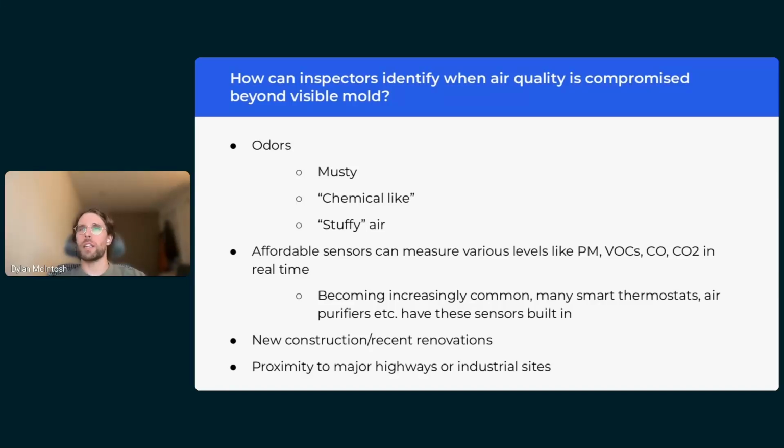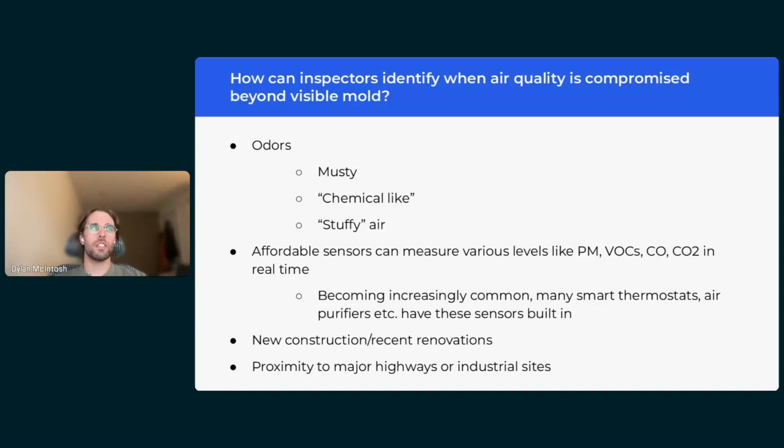A chemical-like odor, it may be offensive, but it may be just something that's present, but not necessarily irritating. Think of like the new car smell, right? That's something many people enjoy. It's most likely an indication of some level of VOCs, volatile organic compounds. And another complaint that I used to get a lot is stuffy air. That could be a number of things.